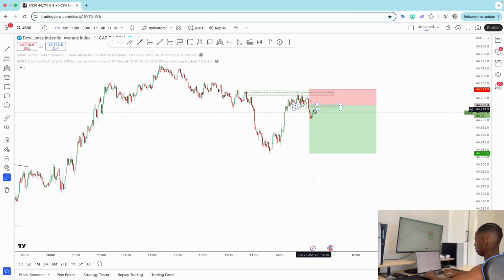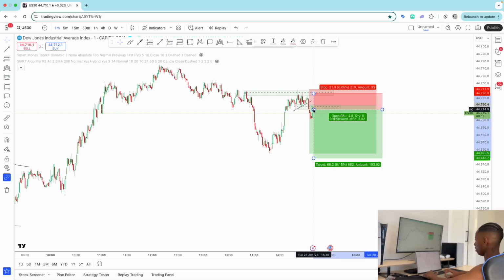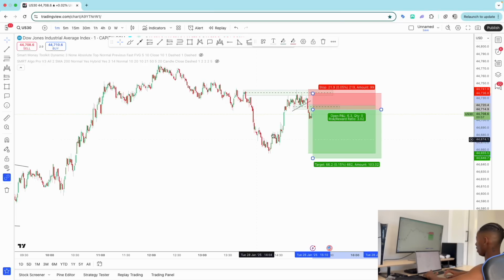And now it's retesting. So possibly we can enter another position. But already I think with US30, I'm in 2 positions. Yes, I'm in 2 positions. So I don't have to scale in, but ooh, what did I do? No.